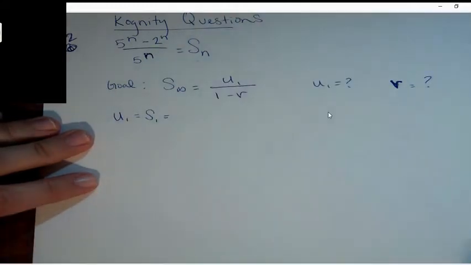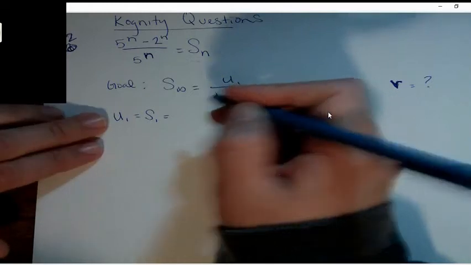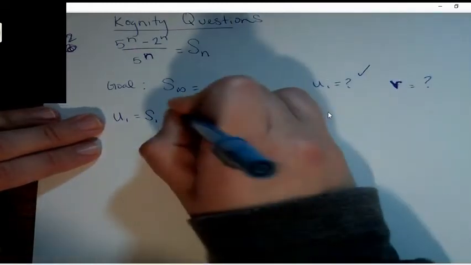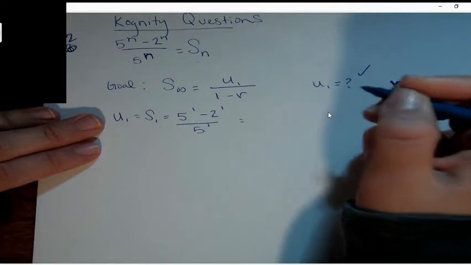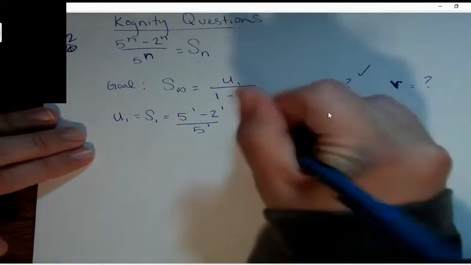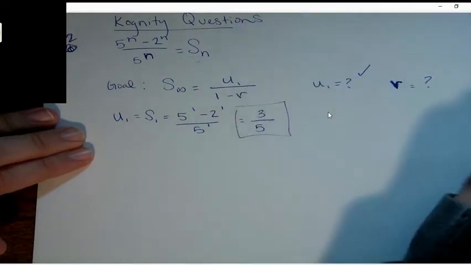It happens to be that U1 is equal to the sum of just the first term because it's just one term there, okay? So we can figure out what U1 is. So we're going to have 5 to the 1 minus 2 to the 1 over 5 to the 1. 5 minus 2 is 3 over 5. This is U1, okay? We have one piece that we need.